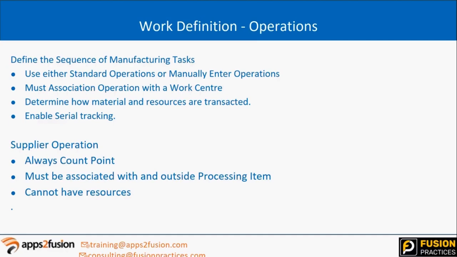There is an operation, but when we see the work definition, it will get more clear. So say we have a work definition, we have a routing which has got 5 steps. Out of the 5 steps, the third step is an external application where we send it to an external partner to do the value addition and send it back.